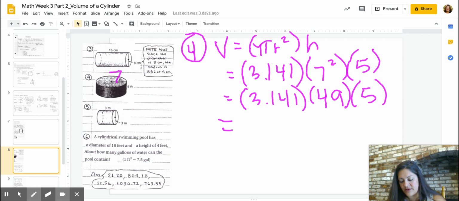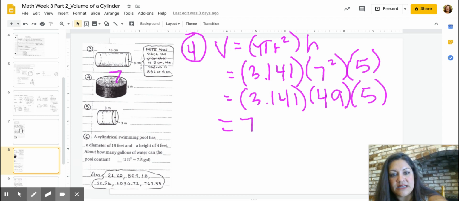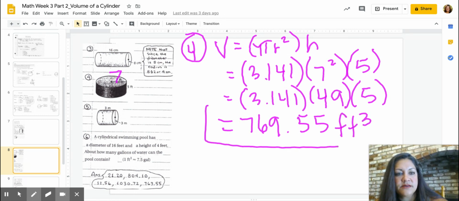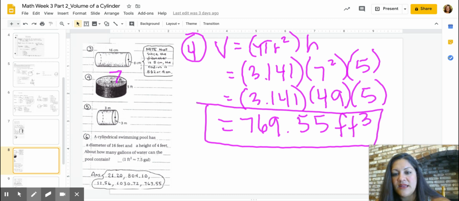Using my calculator, 769.545. The 5 will round this up. We're rounding to the nearest hundredths place. And our label is feet cubed. And here is our answer. Okay, good job.